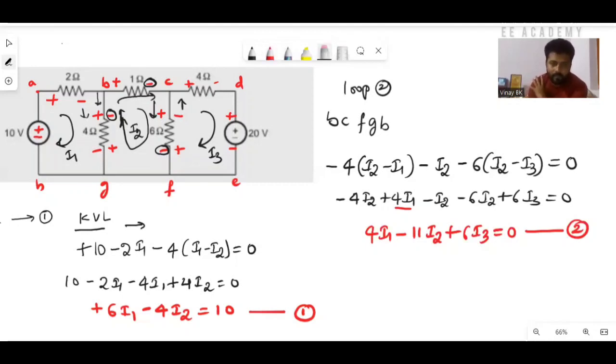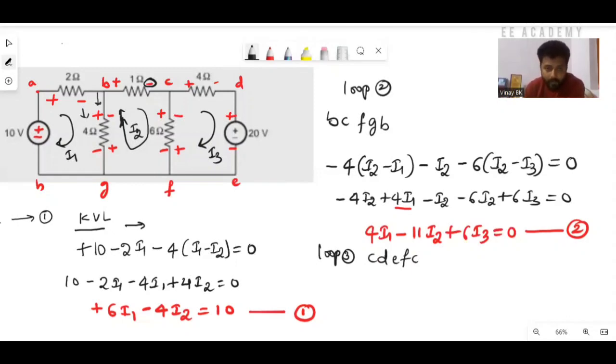Similarly, we have to apply it for loop 3. Just apply KVL to loop 3, mark the polarities, and write the expressions without wasting time. Loop 3 is nothing but C D E F C. It is a clockwise direction, so I am considering clockwise.